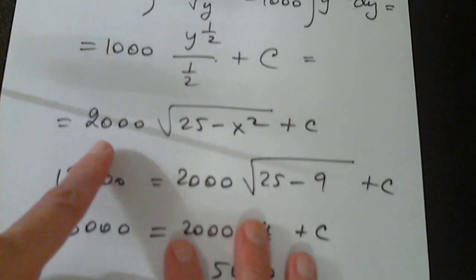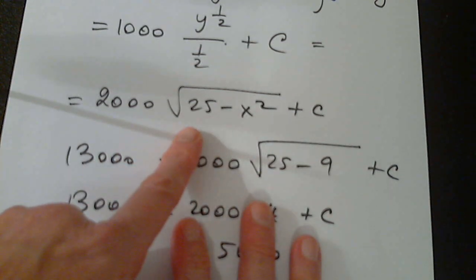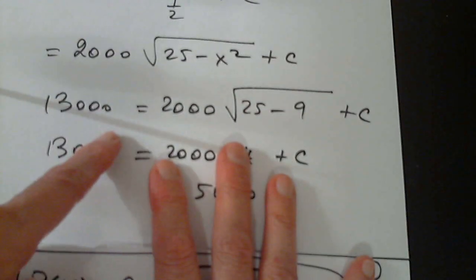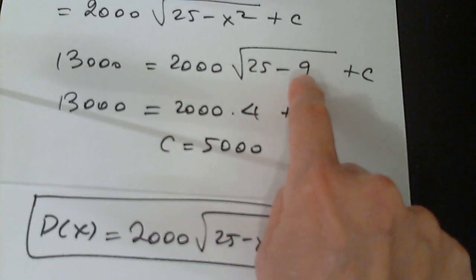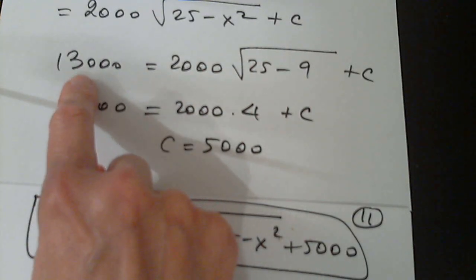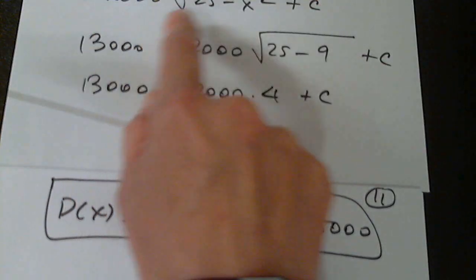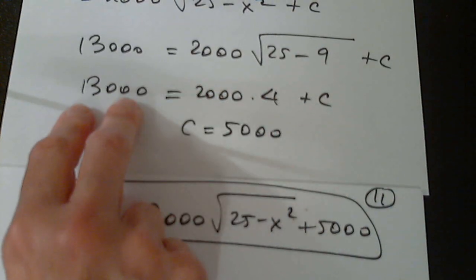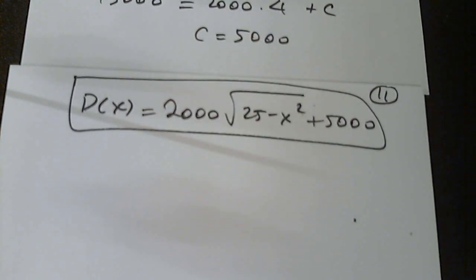I had to flip 2,000, this plus c, because I had to go back to the variable. Once I had this, I was given the fact that when x is 3, the function is 13,000. So 13,000 equals this, this, this. I performed the calculations. This is 8,000 subtracted from 13,000. C is 5,000. Any questions?